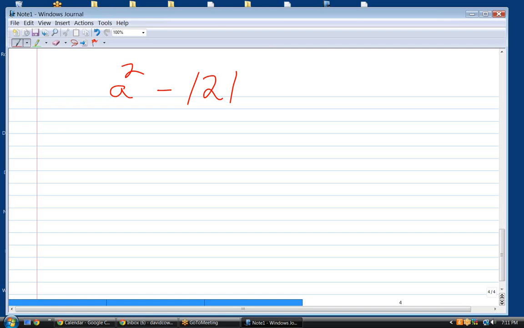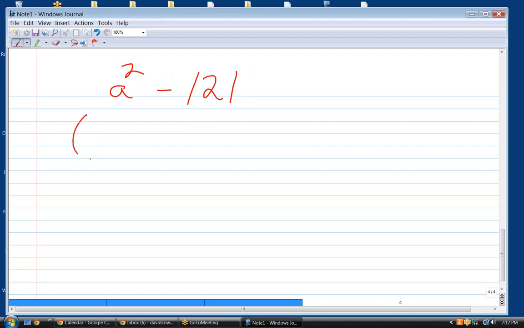Notice that is a perfect square. That is 11 squared. So that is a perfect square. And we're subtracting them, so we have the difference of perfect squares.